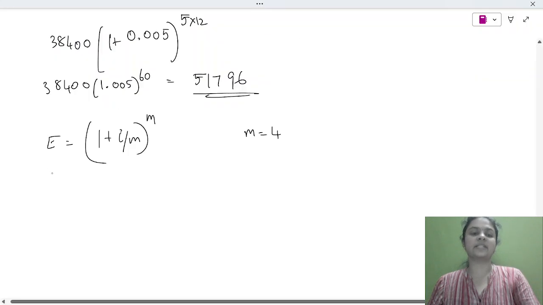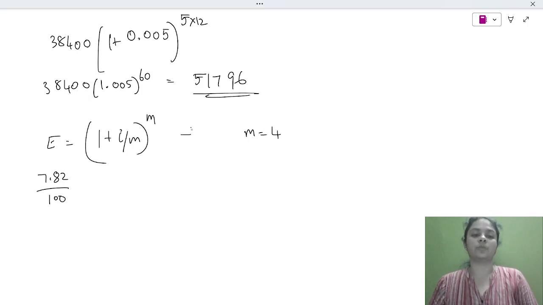Effective rate of interest is 7.82%. So 7.82 divided by 100. Minus 1. So 1 plus I, do not know, by 4 the whole power 4 minus 1.